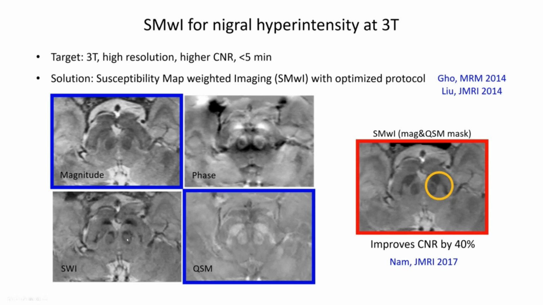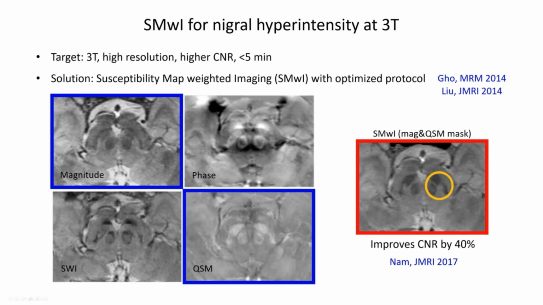On the other hand, SWI, the conventional approach Mark has developed, has some artifacts in SN regions, so that itself may not be a good choice. So we began to combine these two contrasts so that you can have the best contrast as compared to the other sources. And we demonstrated that we can increase the CNR by 40% with this SMWI imaging.